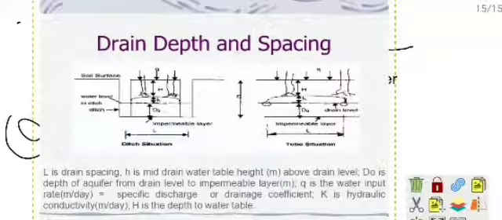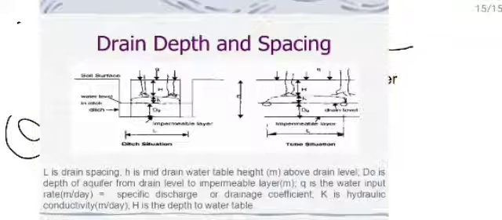So this clearly explains. See, water flow takes place into the drain vertically; that is permeability only. L is the drain spacing. See, permeable water penetrating like this, here also some water penetrates.